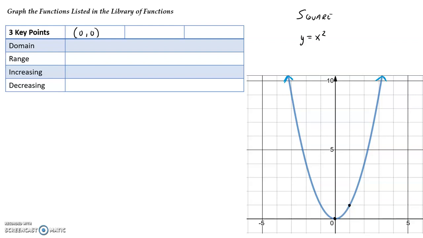We also have the point (1, 1). And we have the point (-1, 1). Those will be the 3 key points we use on this graph. Obviously, you could use something like (2, 4) as well if you would like to.